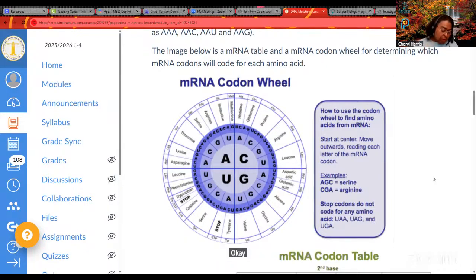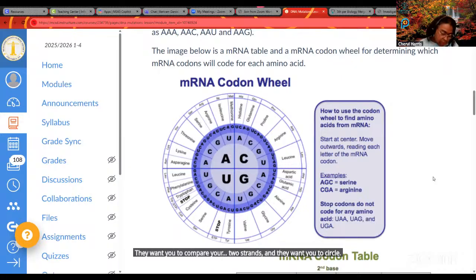Okay. All right. I'm going to let you all do the next one. And then after you've completed those two, then you can answer the analysis questions. They want you to compare your two strands, and they want you to circle the bases that are different in the cow and the human. And they want you to say how many bases are different.